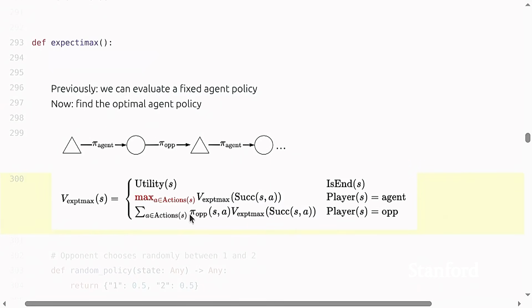I consider the probability of the opponent's policy taking various actions, and use that to weight the value of the successors. But if it's the agent's turn, instead of taking a sum over actions, I'm taking a max, because the agent wants to maximize the expected utility. Therefore, the agent should choose the action that maximizes the expectimax value of the successor states. Okay, so that's it.